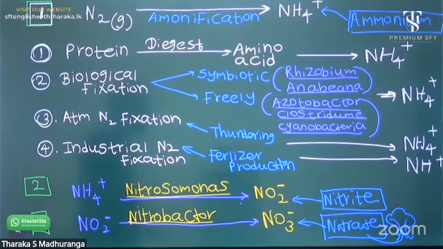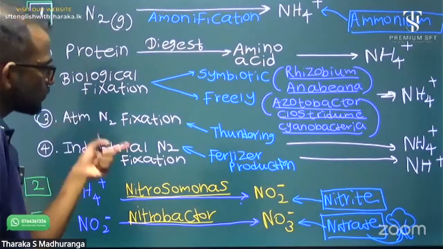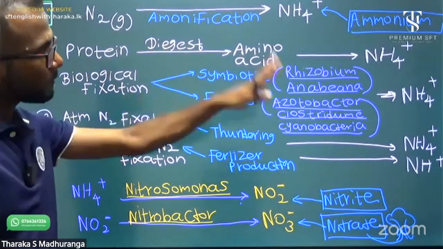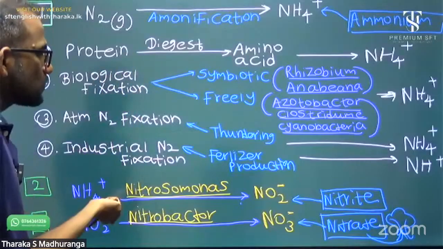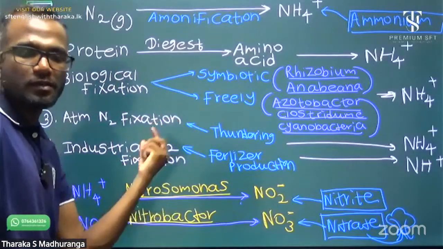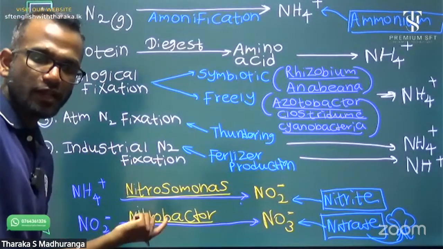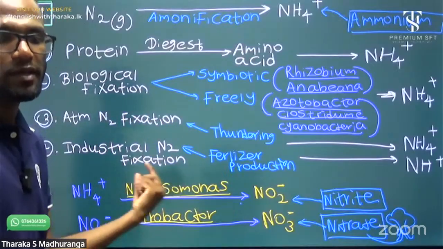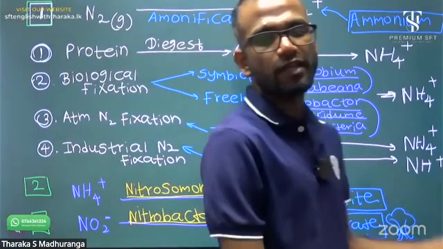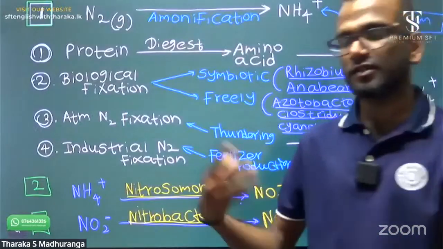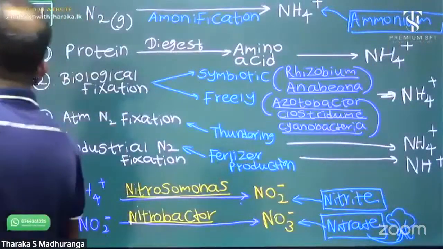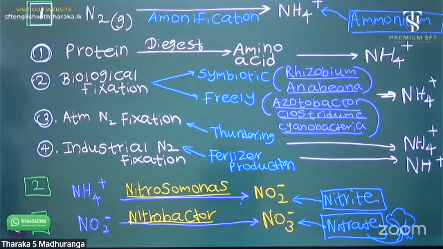First, production of ammonia, ammonia production by four methods. Then the ammonium produced is converted into nitrite first by Nitrosomonas, then nitrite is converted into nitrate by Nitrobacter. This nitrate ion is plant available, plant absorbable nitrogen type.